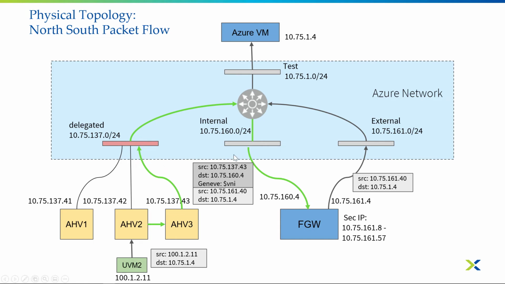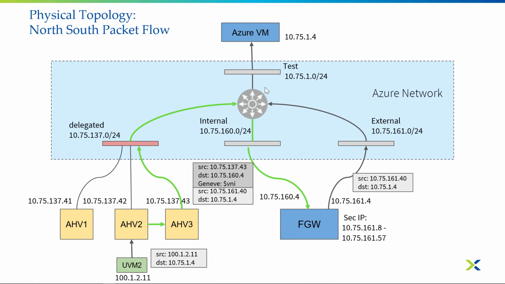And so the traffic reaches our Flow Gateway VM on the internal NIC, and once it gets here, we will de-encapsulate it, and then our source will be 10.75.161.40, which is the NAT that was used for this HV3 host, which we also see here as the source when it leaves the host. And it is consuming one of these 50 IPs, which I'd mentioned before. And so then it can forward the traffic to the Azure virtual machine.